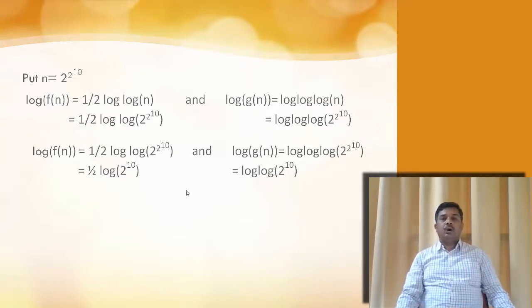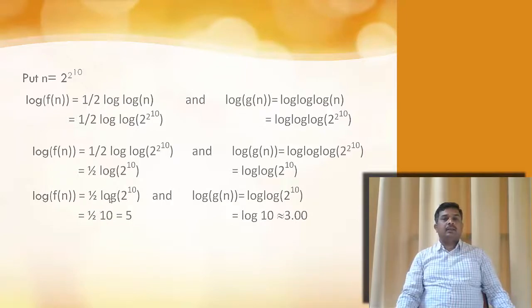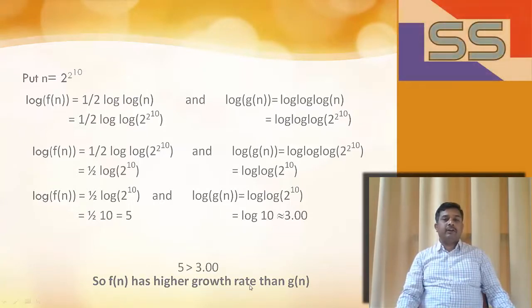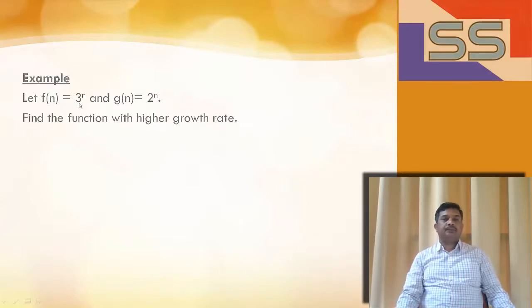Here also log 2 to the power 10. Now log 2 to the power 10 is 10. So the value becomes half into 10, that is 5, and log 10, the value is 3. So we can very well say 5 is greater than 3. So fn grows faster than gn.